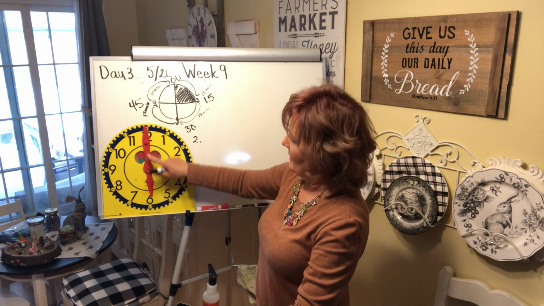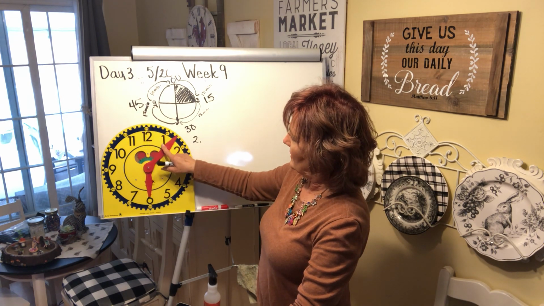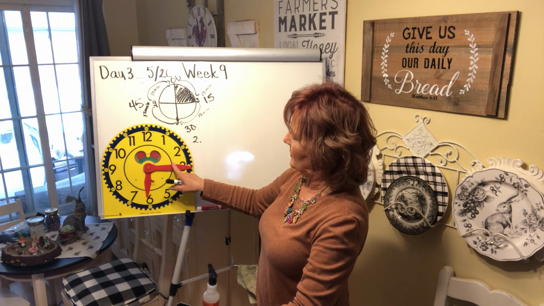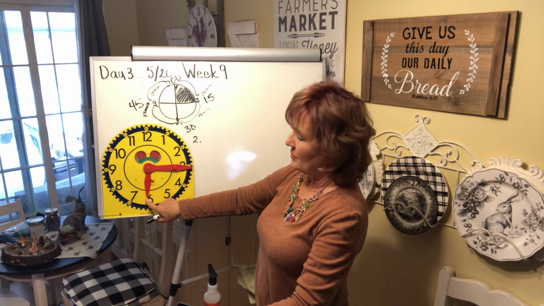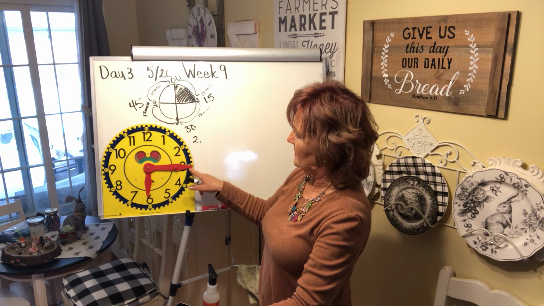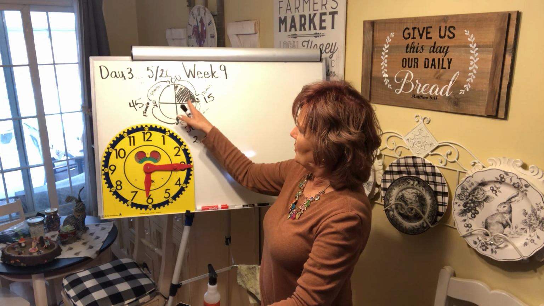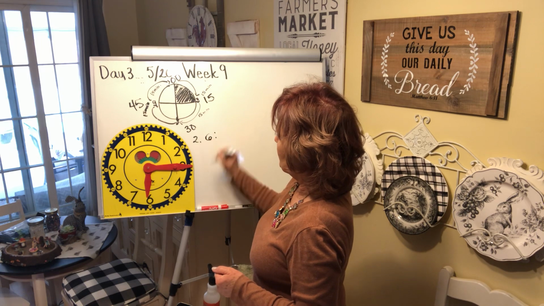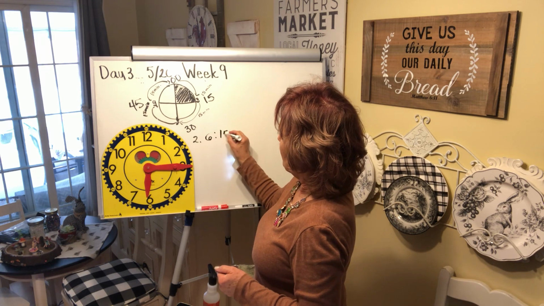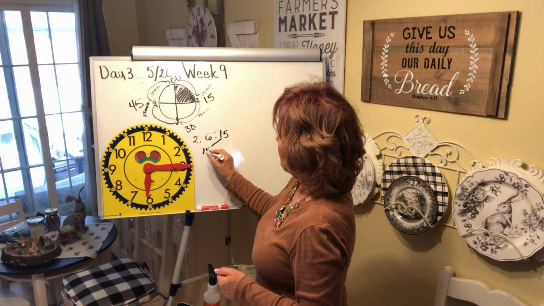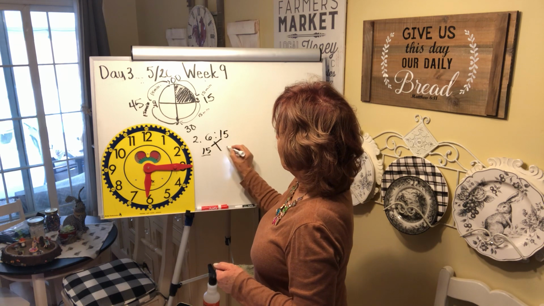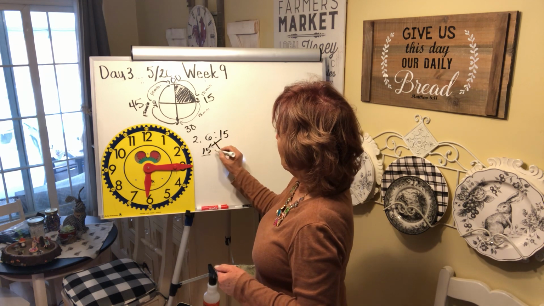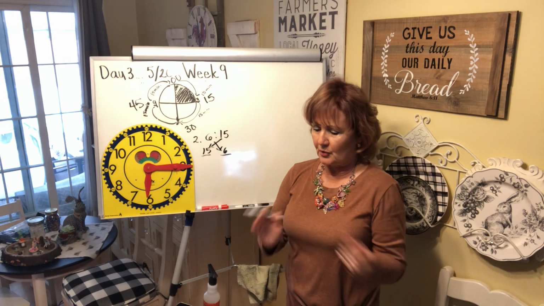It's creeping toward the 7, and the minute hand goes to the 3. It went 1/4 of the way around, so it is 6:15 or 15 minutes after 6, right? You just write those.